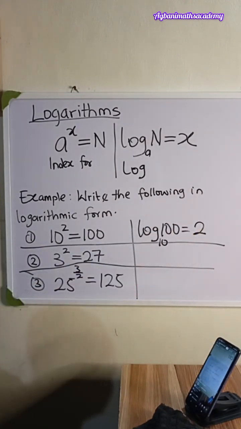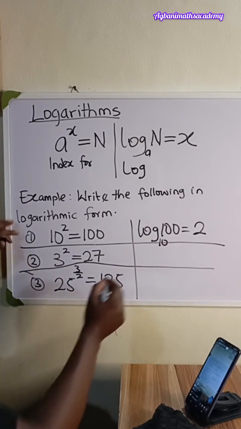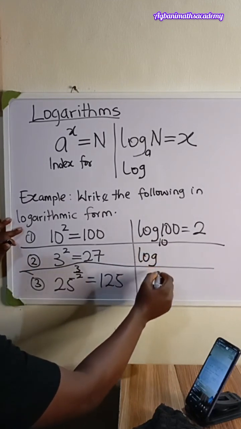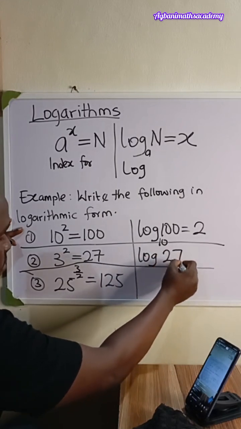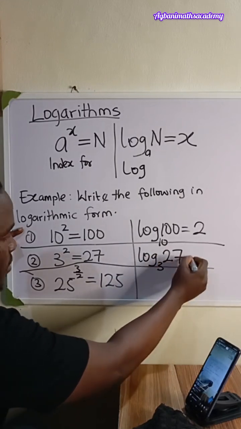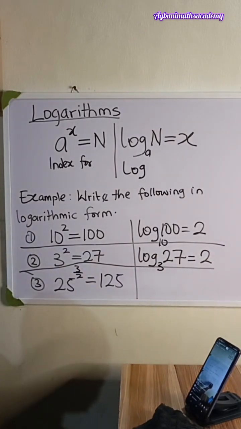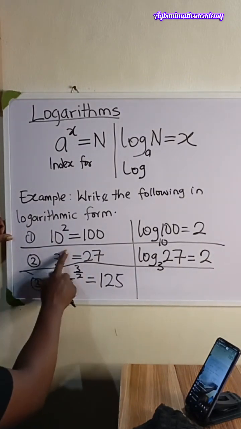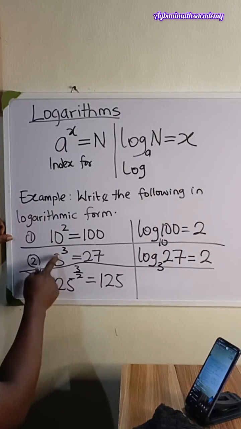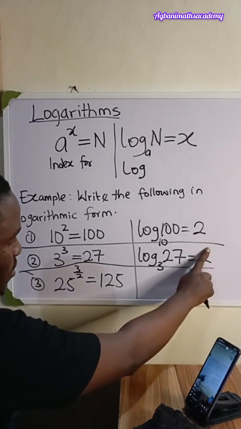Log 100 base 10 is equal to 2. Looking at this one, we have log 27 base 3 is equal to 2. Sorry, this is supposed to be 3, because 3 to the power of 3 is 27.